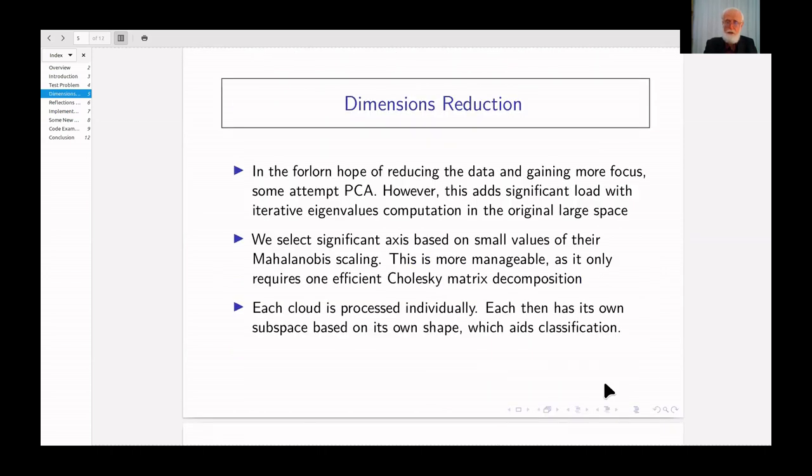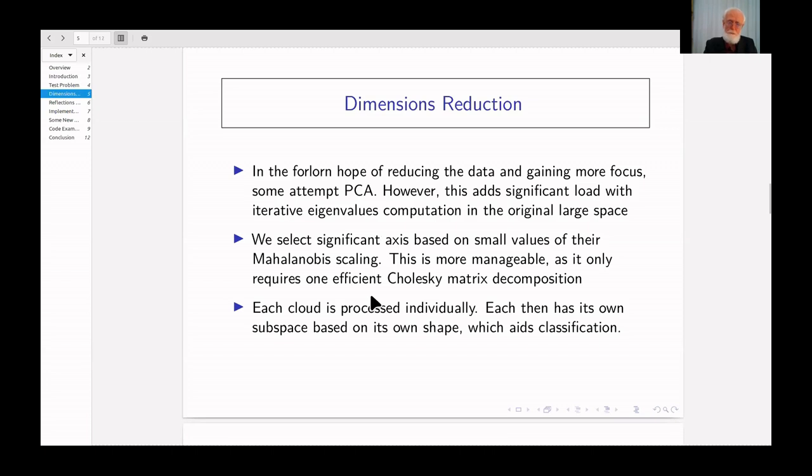With this size of problem, often what is thought of is dimensional reduction, and people often attempt PCA, principal components analysis. However, this adds significant load instead of saving it, because we have to iteratively find the eigenvalues in the original large space, and this is very expensive.